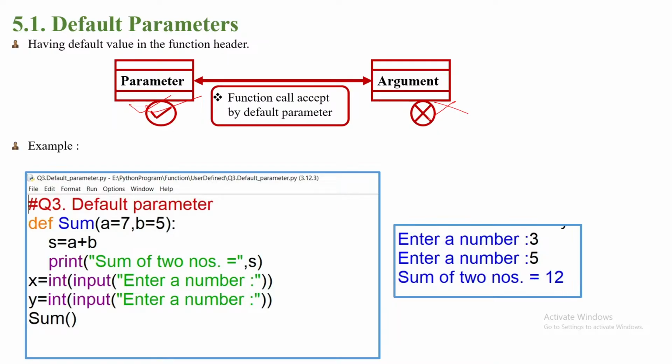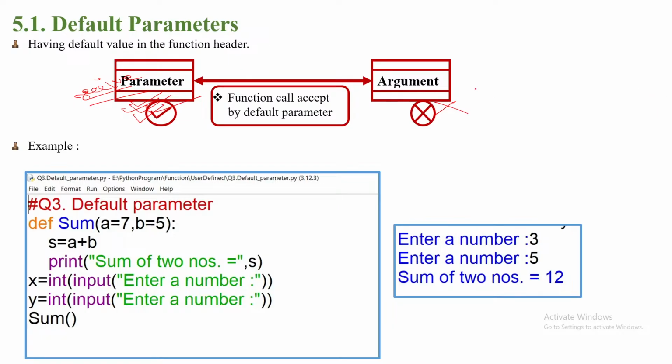We are not giving any arguments, but as parameters we are passing the values. In the parameters we are receiving the values. Who? The function header will receive the values, and here we are passing.